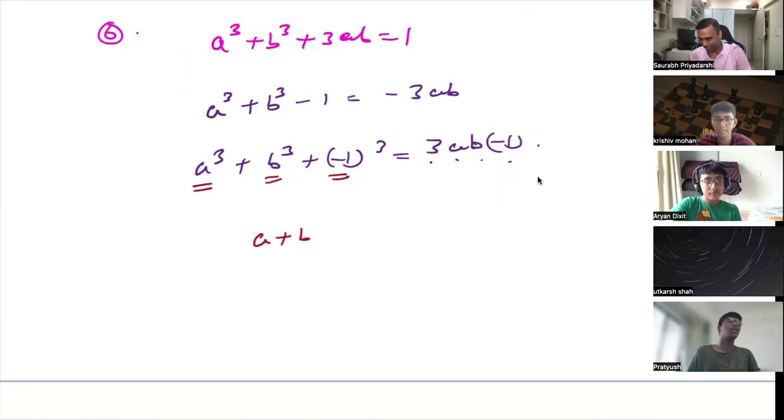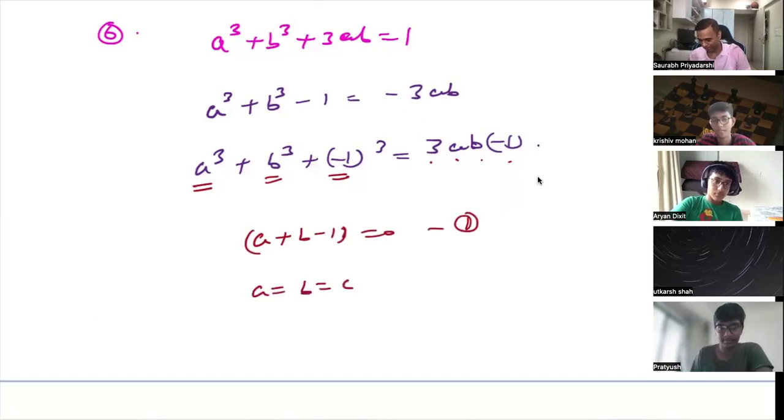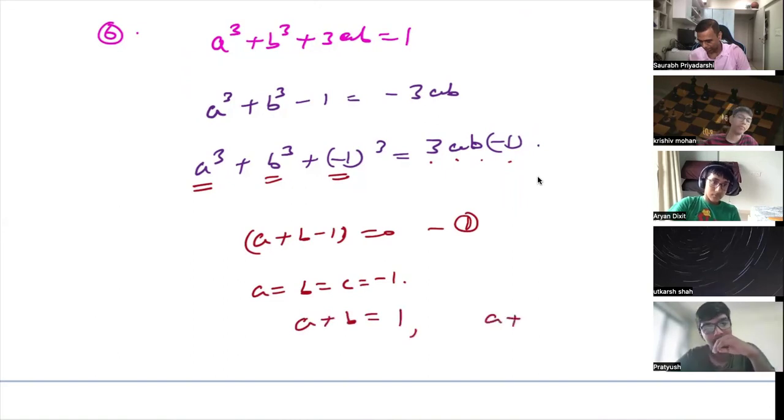Then a plus b plus c is equal to 0, or a is equal to b is equal to c, and c is nothing but -1. So we have two options: 1, and a plus b is -2.